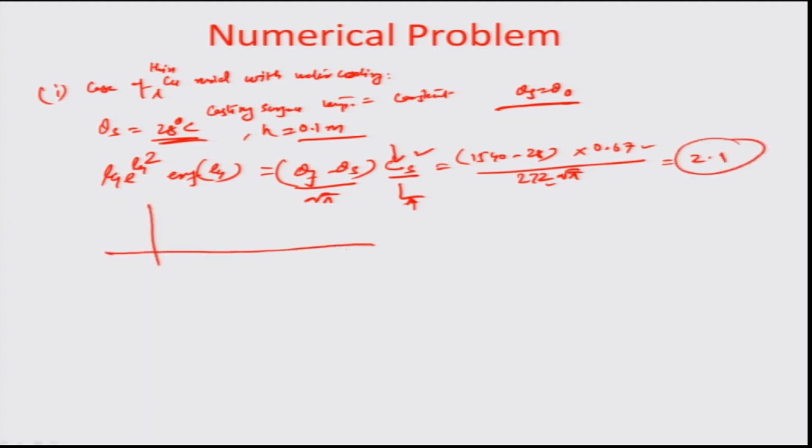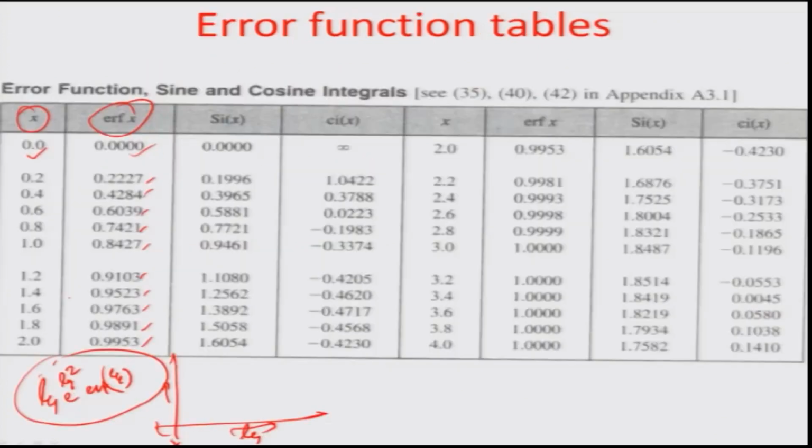If we really wanted to see, by plotting a graph of zeta versus this term zeta e to the power of zeta square error function zeta, where the whole expression here is equal to 2.1, corresponding to a zeta value of 0.98, which we can read from these tables as has been illustrated earlier. So, 0.98 is somewhere close to 1. The error function of zeta is 0.8427.